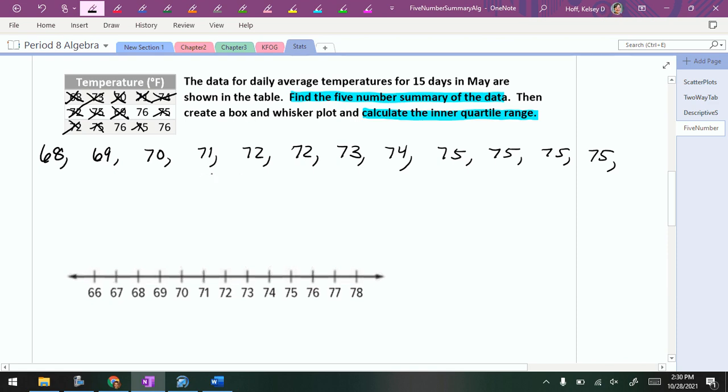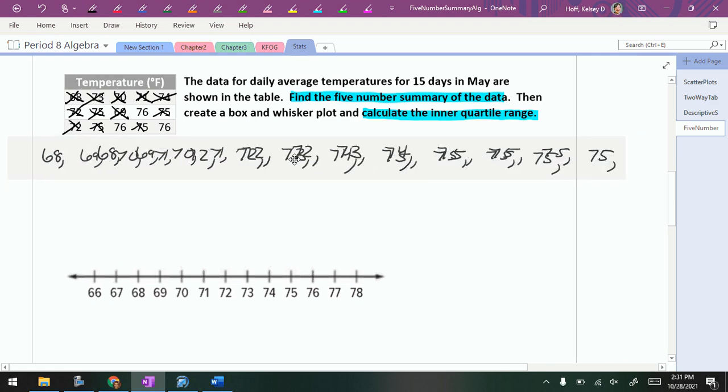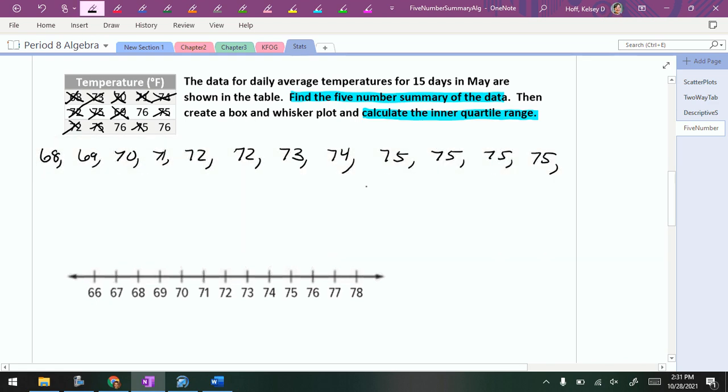And so I've sucked at spacing this out. Three 76s?